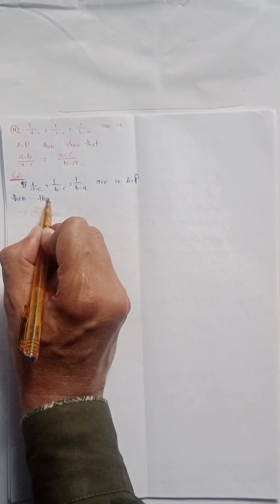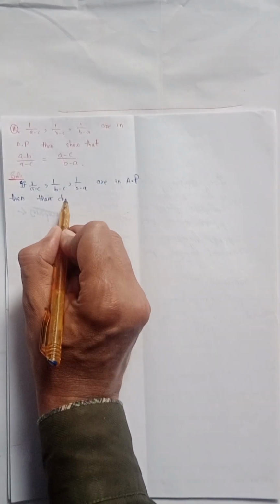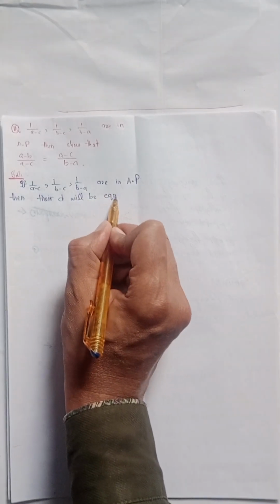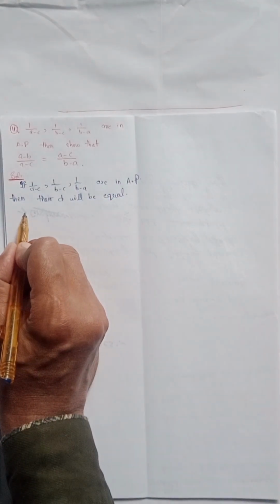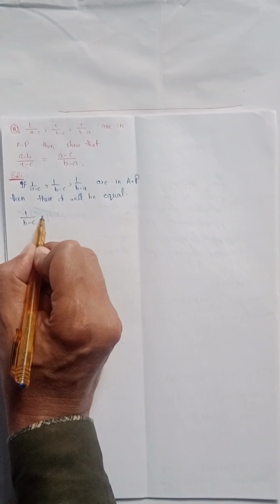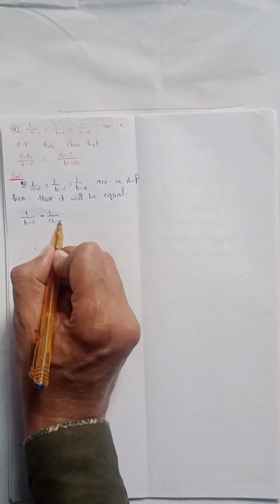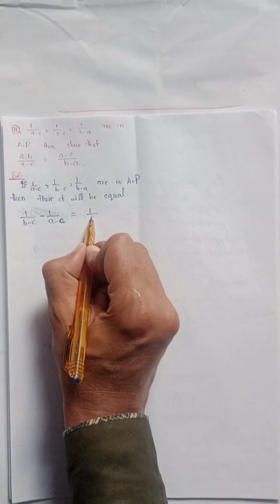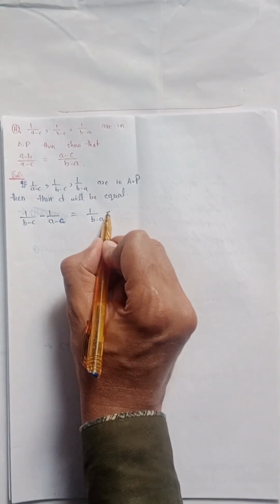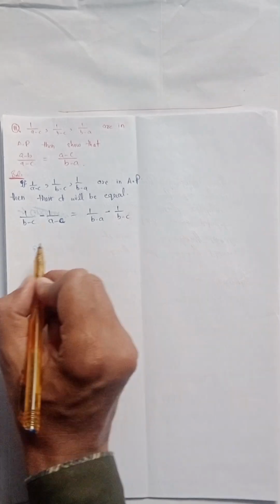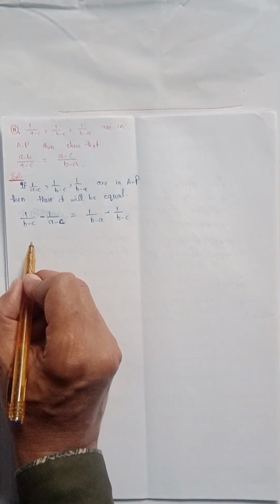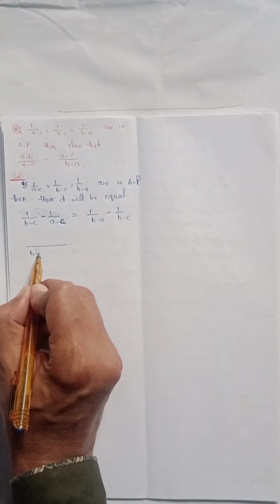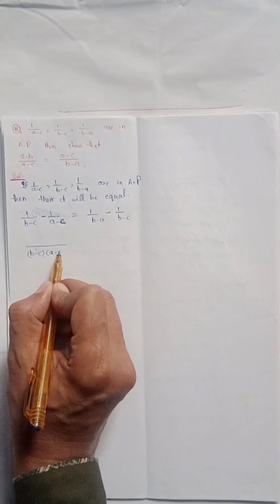By taking the LCM, we get (a minus c minus b plus c) over (b minus c)(a minus c) equals (b minus c minus b plus a) over (b minus a)(b minus c). This b minus c will be cancelled by this b minus c.